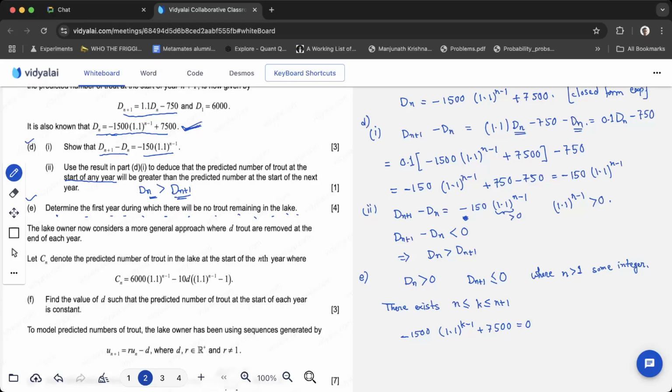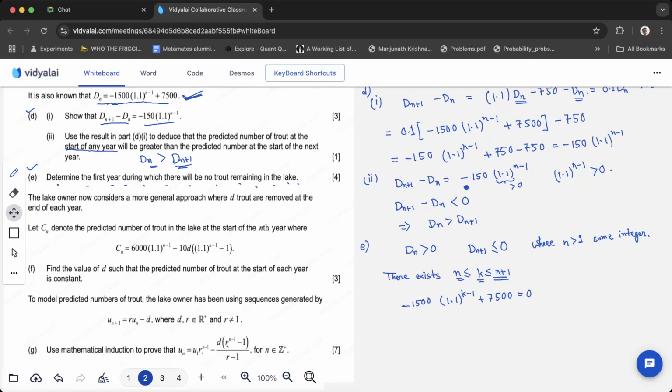So symbolically, we represent that year, or that time, by k. And since these are two consecutive integers, n and n plus 1, if we find k, we'll be able to find n and n plus 1, and we can decide which year the trout fish will be gone, or dn will become 0 or less than 0.